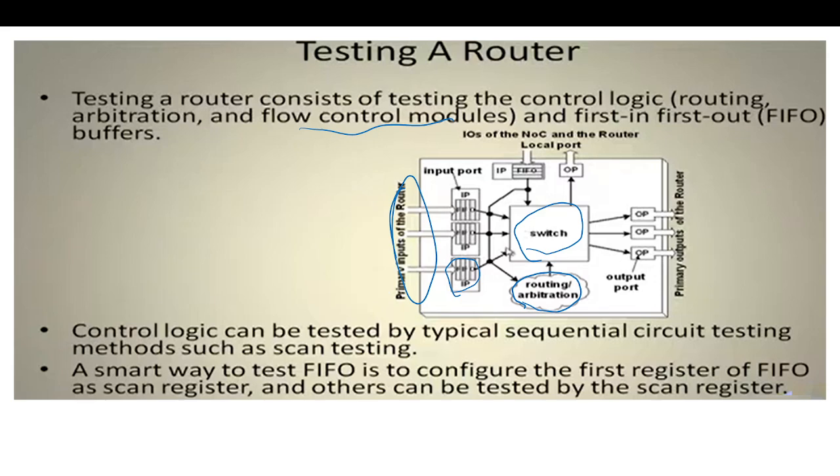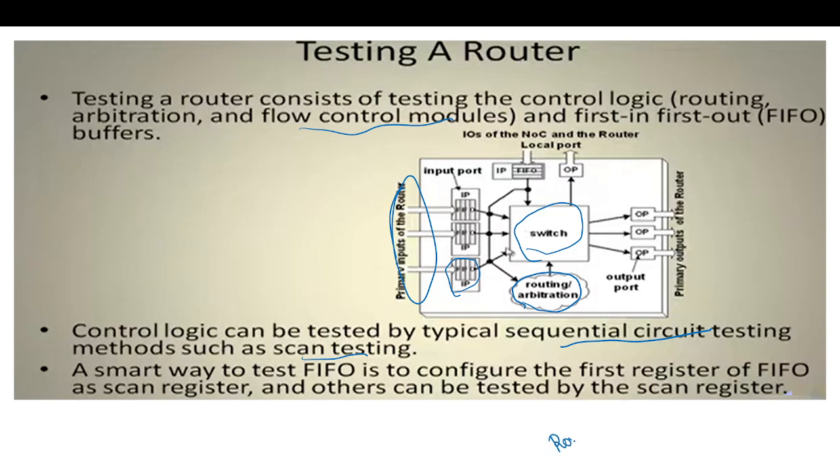Control logic can typically be tested by sequential testing methods such as scan testing. FIFO test is to configure the first register of the FIFO as a scan register, and the others can be tested by the scan register. If we have some memory, we will be using memory testing, which we will see in the next class, next week.